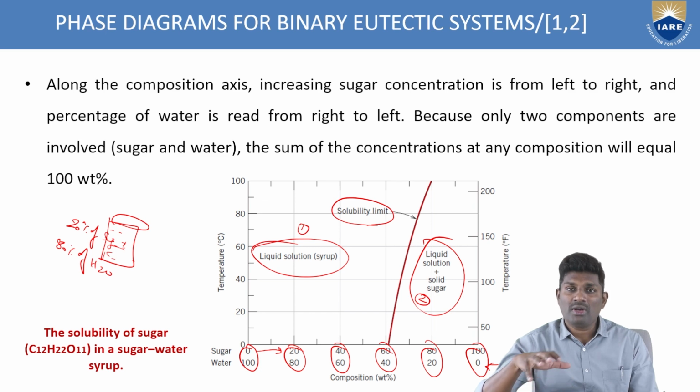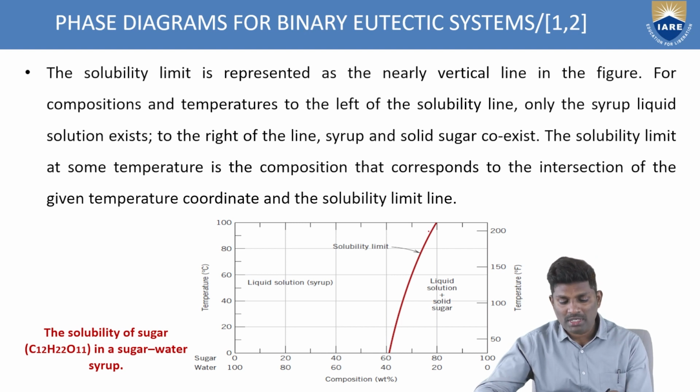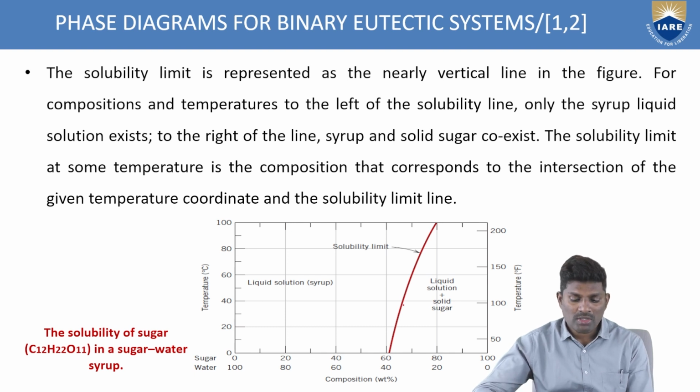So this is how you can draw the phase diagram for sugar and water. The solubility limit is represented as a nearly vertical line. If you see this solubility limit line, it almost looks like a vertical line. The composition and temperatures are shown on the left of the solubility limit, before the solubility limit.